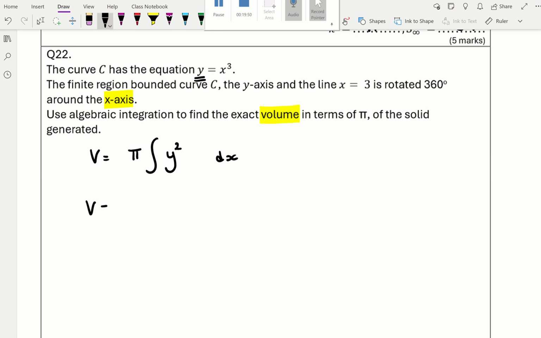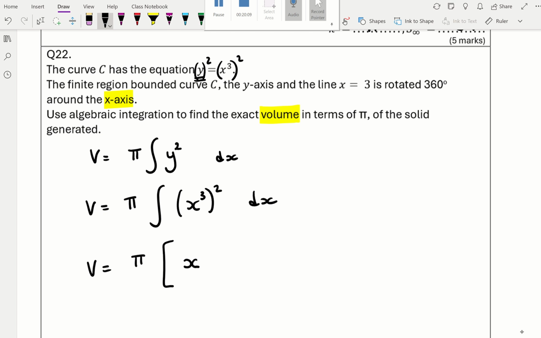So the volume is pi, and we're integrating y squared. So to get y squared, I need to square here and square there. So this is x cubed squared dx. So v equals pi, integrating x to the power of 6 dx.